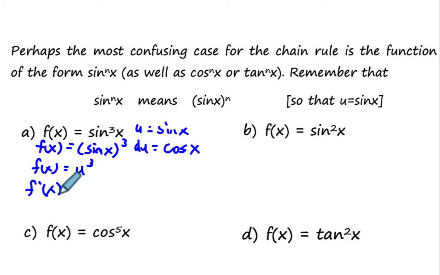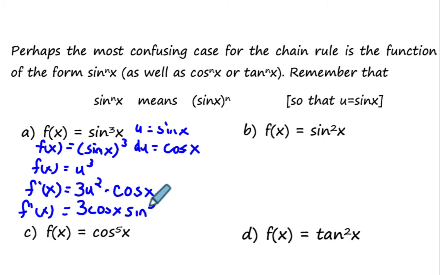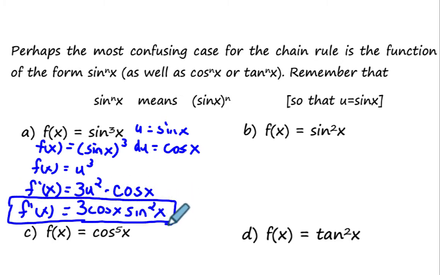And then the derivative of u cubed is 3u squared times the derivative of u, which is cosine of x. Substituting in what u is equal to, I get 3 cosine of x times sine squared of x. Notice that in my final answer, I rewrite the square inside the sine function.